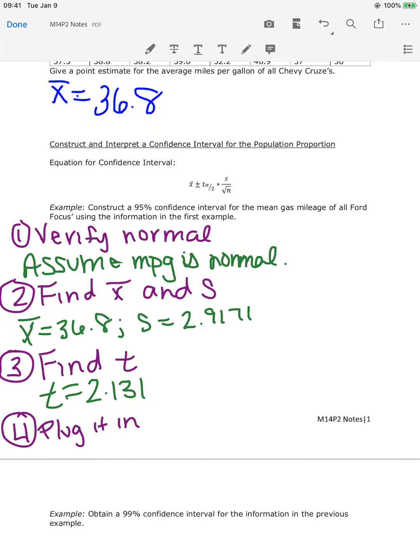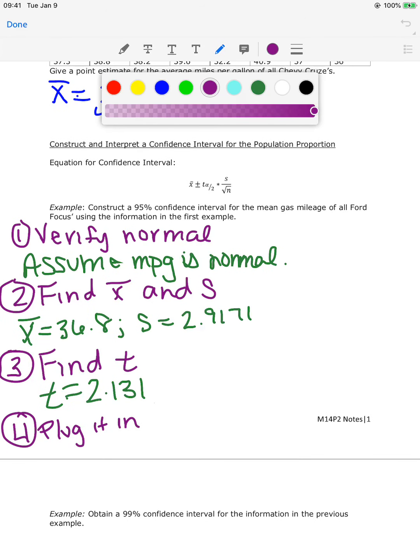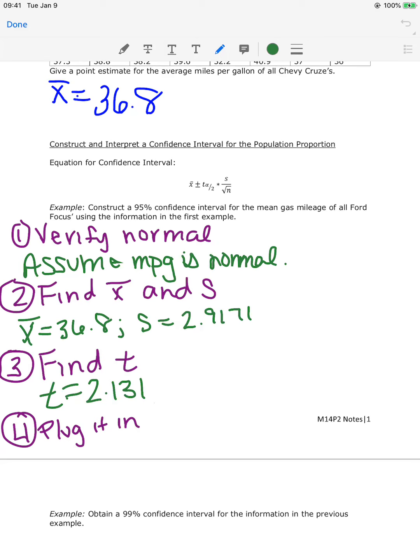Yeah. So we're going to plug everything in. Our x bar was 36.8 plus and minus. Again, we're going to do this equation twice. Our t is 2.131. Our standard deviation is 2.9171 divided by the square root of our sample size, which is 16.